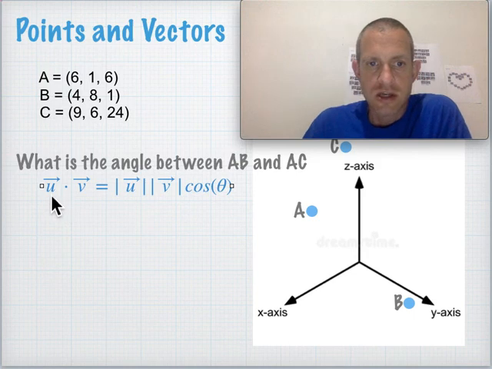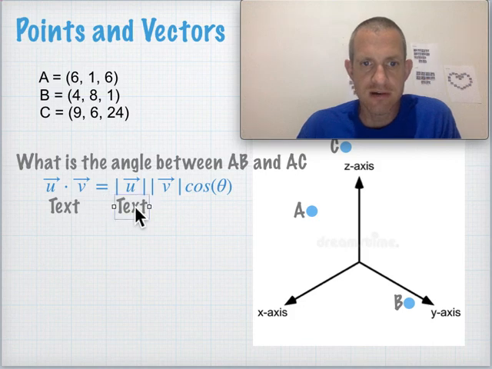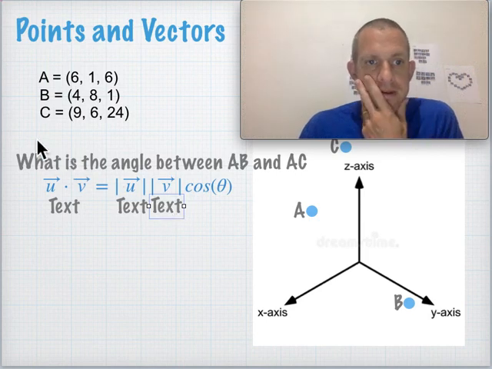In this case, U is vector AB, and V is vector AC. To make this work, I need the dot product, the length of vector AB, and the length of vector AC.